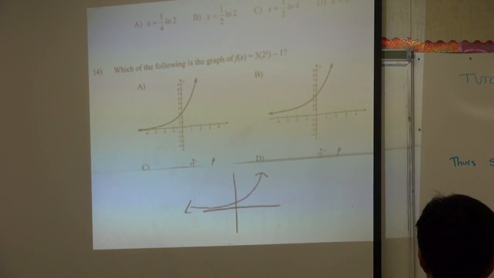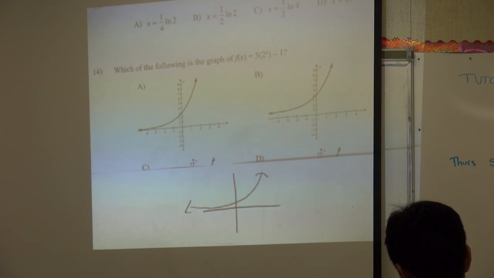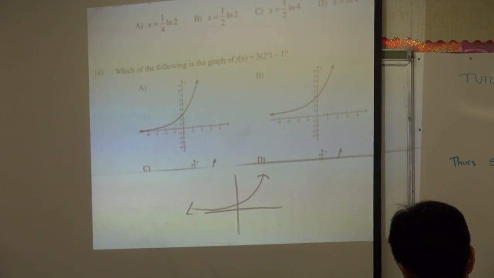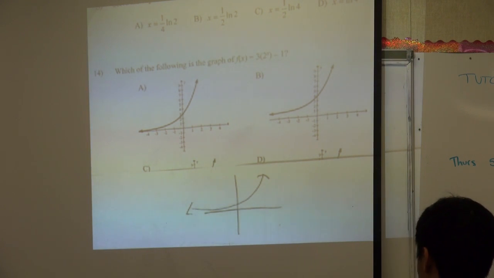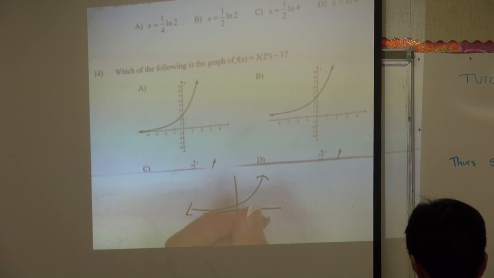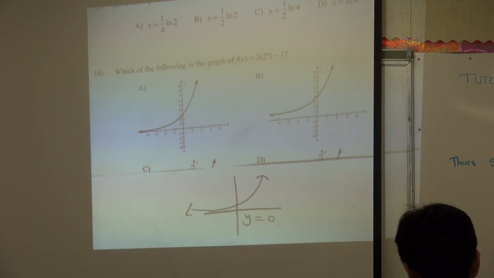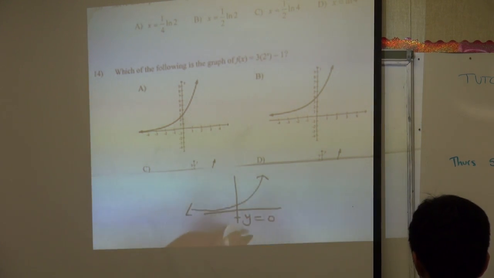If you think back to transformations, this -1 right here means the whole graph moved down 1 unit. So where there used to be a horizontal asymptote at y equals 0 in this function, it went down 1 unit. And now there's a horizontal asymptote of y equals -1. Are you with me? Mhm.